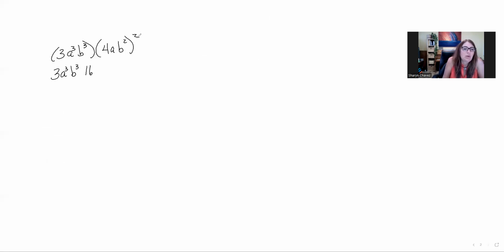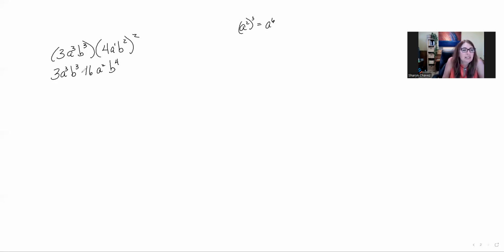Now this is the power to a power rule. Like when we had this power to a power, we multiplied. Since there's nothing on this a, I'm going to put a 1 because it's an understood 1. So 1 times 2 would make that an a squared. And then we have b to the 4th.